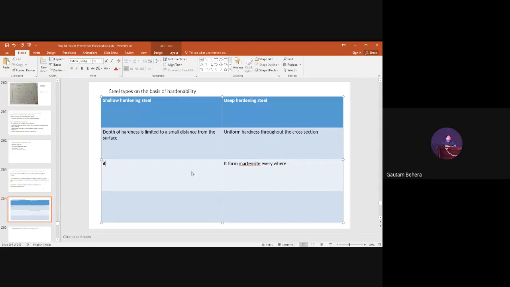But shallow hardening steel forms martensite only near the surface. That's why it is shallow hardening. An example is obviously plain carbon steel. Plain carbon steels are shallow hardening, but alloy steels are deep hardening steels.